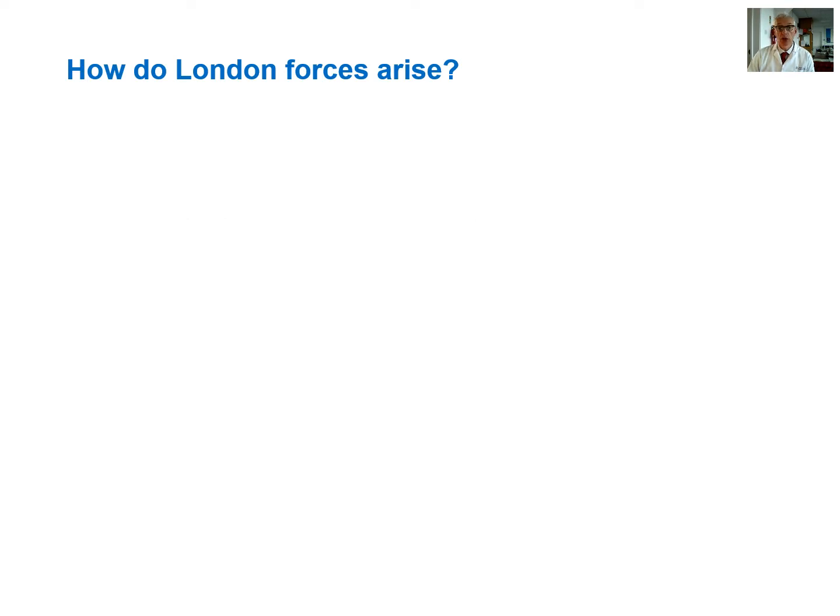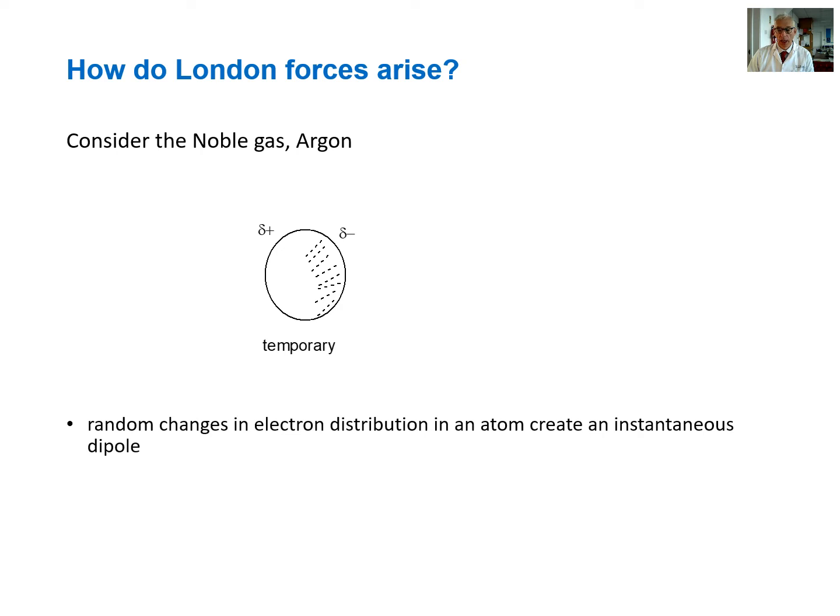So how do London forces arise? Well, let's stick with our noble gas argon, and we have to take on board the changed ideas about electrons at A level. That is, that they are moving randomly within regions of space around the nucleus, not in regular orbits.